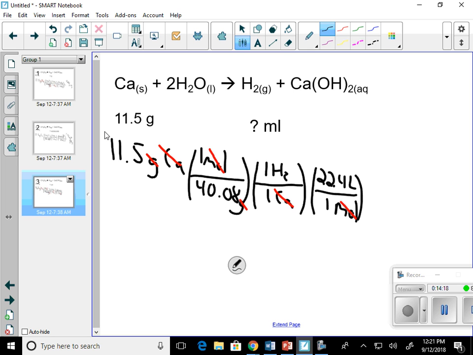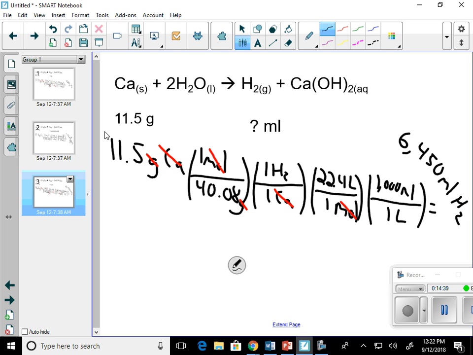How do I convert from liters to milliliters? 1,000 multiplied by 1,000. So the conversion is there's 1,000 milliliters over 1 liter. That gives me 6,450 milliliters of H2.